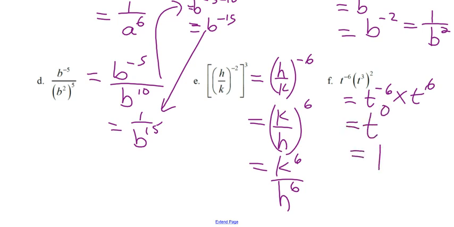This you can evaluate, because anything to the 0 is equal to 1 as long as the anything isn't 0. So you can't do 0 to the 0. What are we doing? Okay, any questions on this stuff?